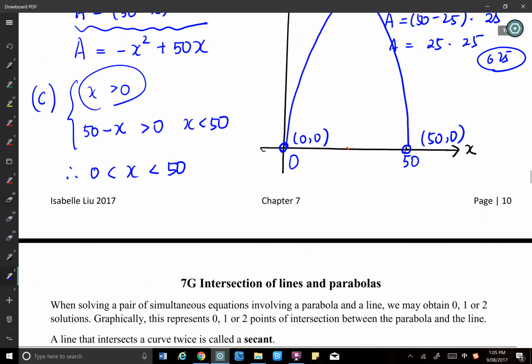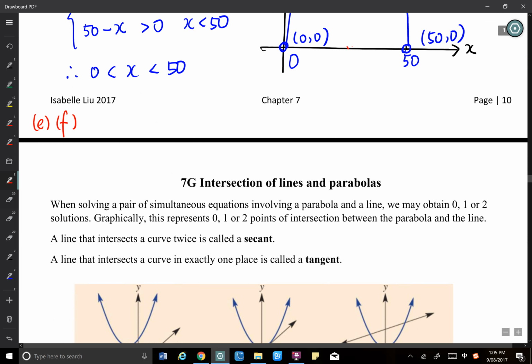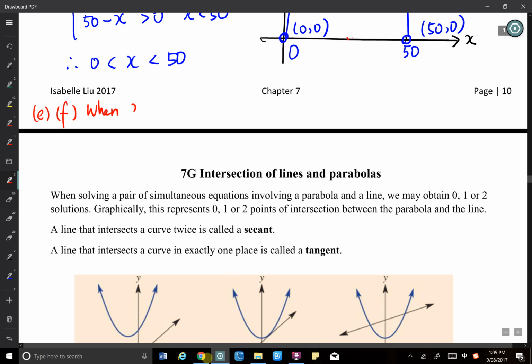So I will answer E and F together. When x equals 25, which is the width, A max equals 625 centimeters squared.